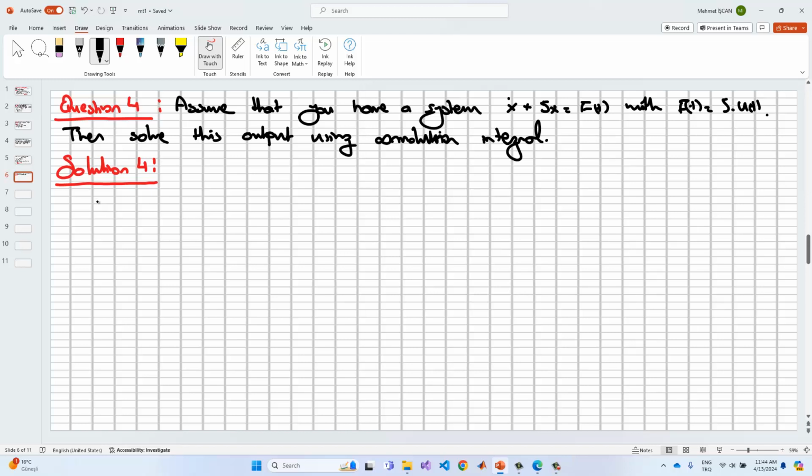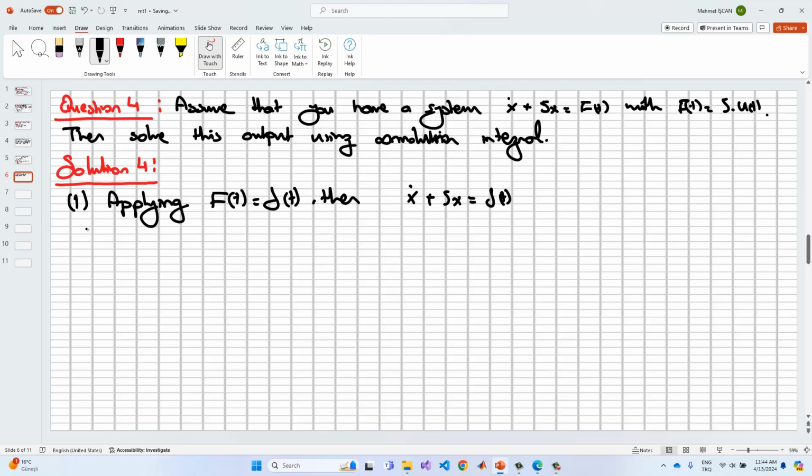Just like the previous example, we need to build a step-by-step solution in here. Okay, in order to find the impulse response of this system, we need to apply f(t) equal to the Dirac function in here. Then x dot plus 5x is equal to the Dirac function.